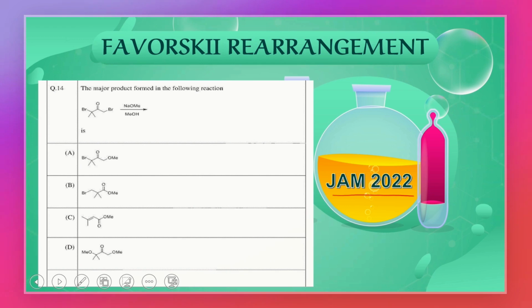So based on this Quasi-Favorskii rearrangement, we can attempt a question which was asked in JAM 2022. So you can see this is alpha alpha prime dibromo. So in this particular case, we know that this becomes a Quasi-Favorskii rearrangement.